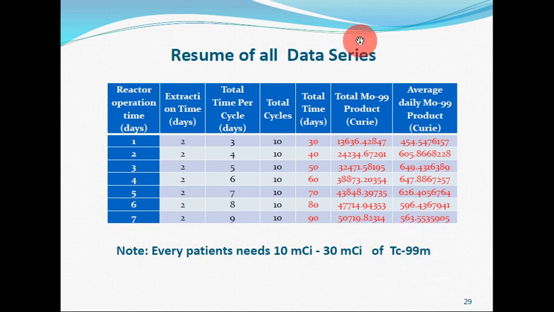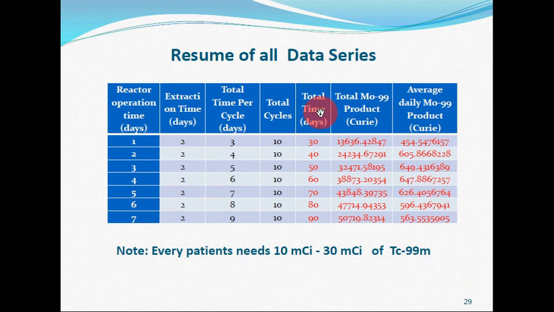The summary of all data series is in this table: reactor operating time 1 until 7 days, extraction time all in 2 days, and total per cycle in days starting from 3 until 9. The total cycle is all of the types in 10 cycles.